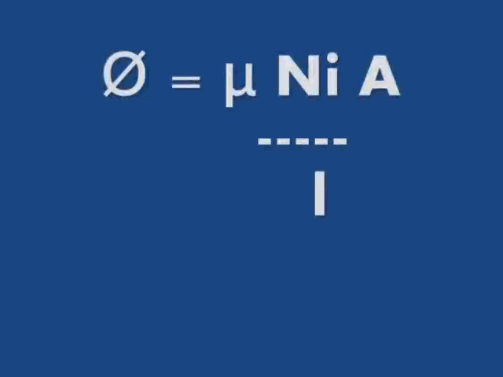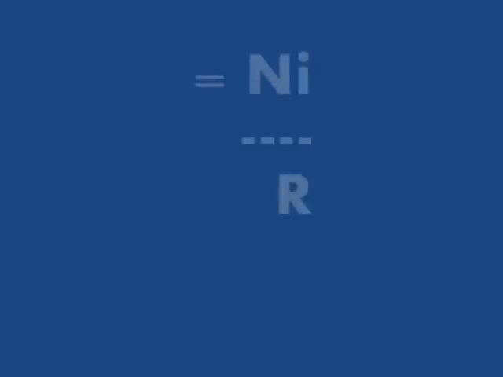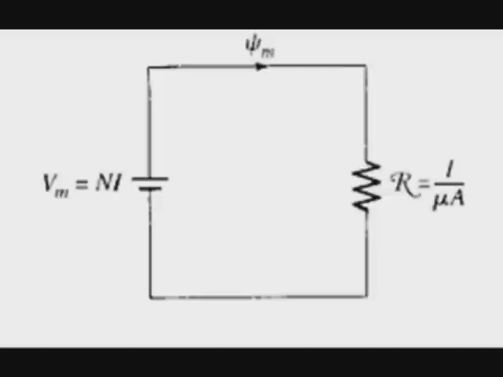From B equals mu Ni over L and flux equals BA, we get that flux equals mu Ni over L times A, which equals Ni over L over mu A, which equals Ni over R. And here is the equivalent magnetic circuit. With the equivalent magnetic circuit, it will be easier for us to do the calculations.